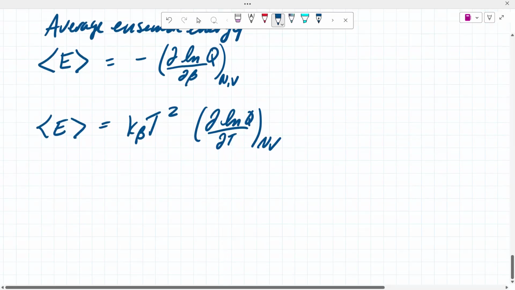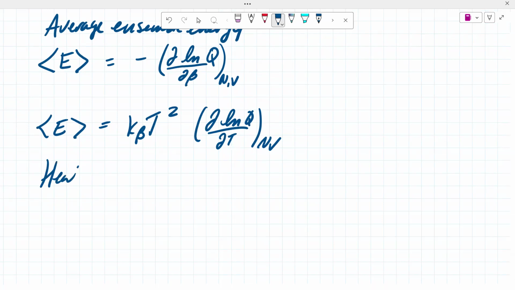We can also write the heat capacity. C sub V, no, that doesn't look very good. All right, let me write it like C sub V. This is heat capacity at constant volume.